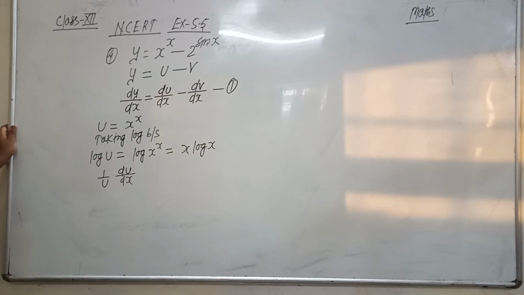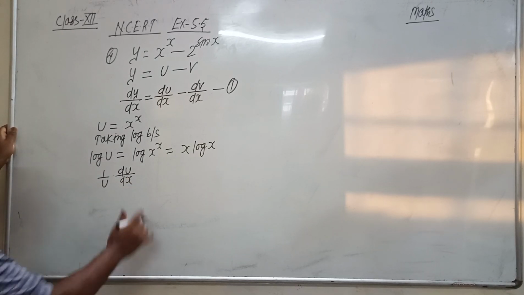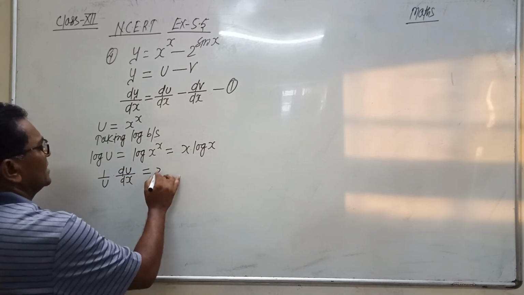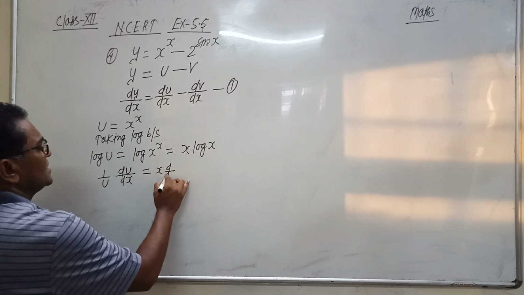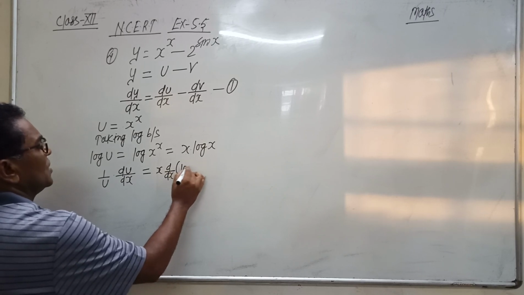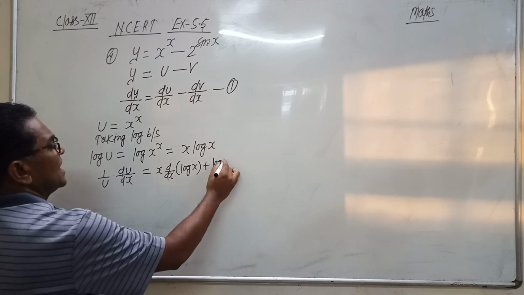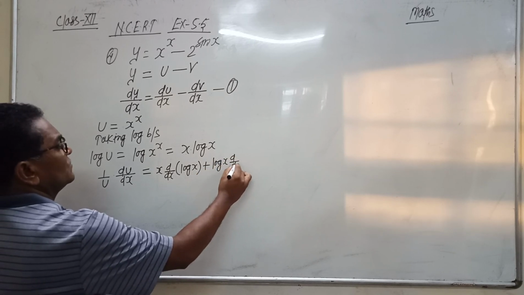So it becomes 1 by u and du by dx. This will be differentiated in the form u into v. x as it is, d by dx of log x, plus log x as it is, and d by dx of x.